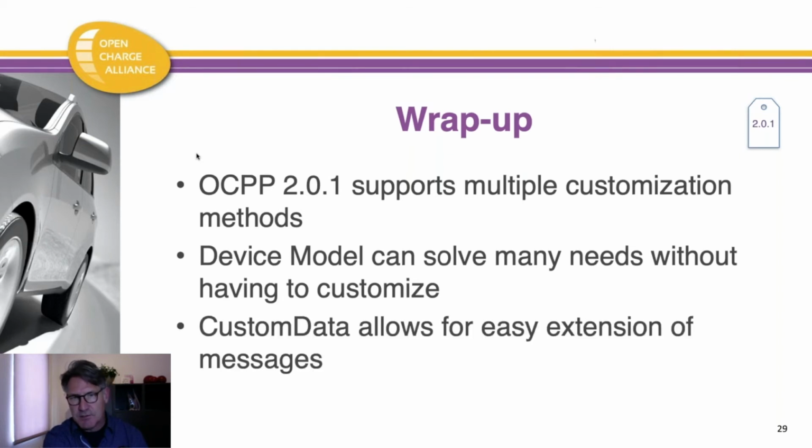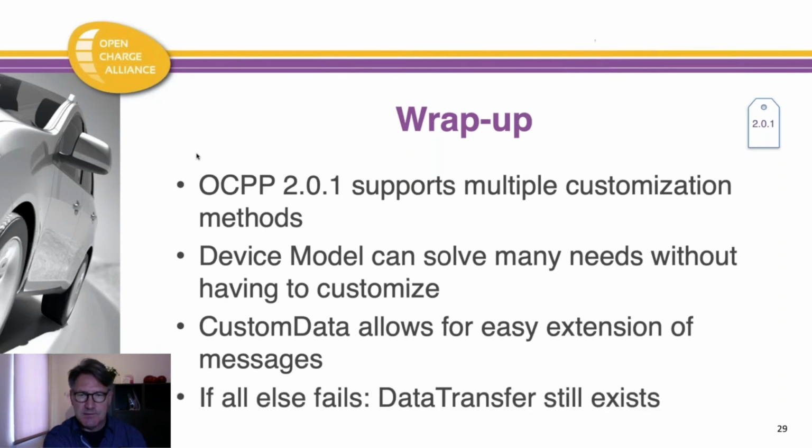Then, if you still have to customize in 2.0.1, the custom data is probably the easiest way to extend existing messages. But if all else fails, then the good old data transfer still exists, and you can use that to send anything over the line.